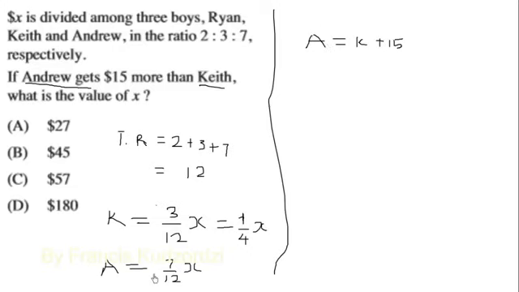So Andrew's share is 7 over 12x, and it is equal to Kate's share, which is 1 over 4x plus 15. Now we need to create a fraction by multiplying through by 12. So multiply through by 12.